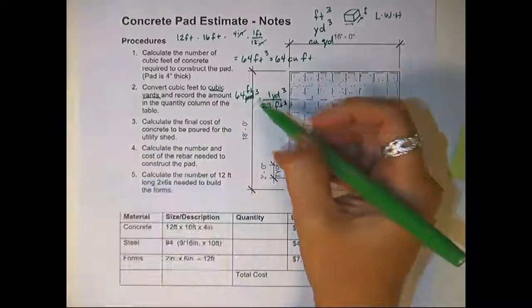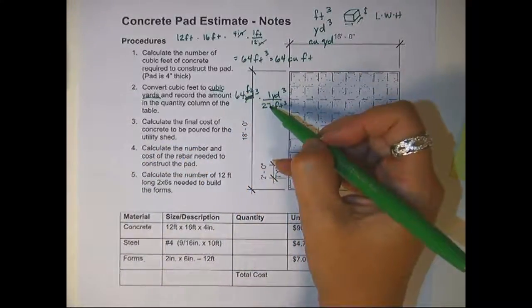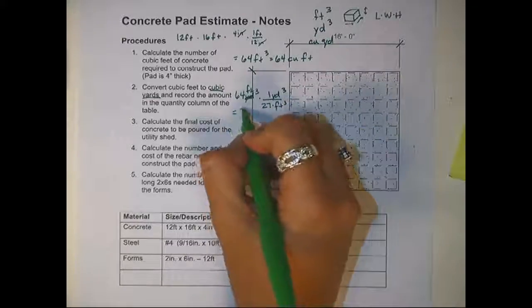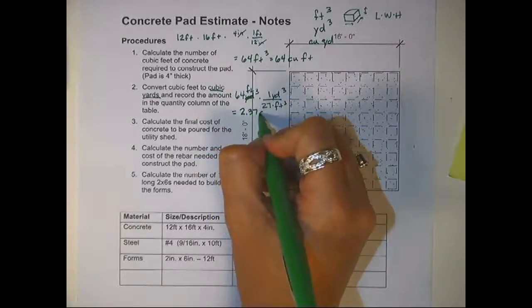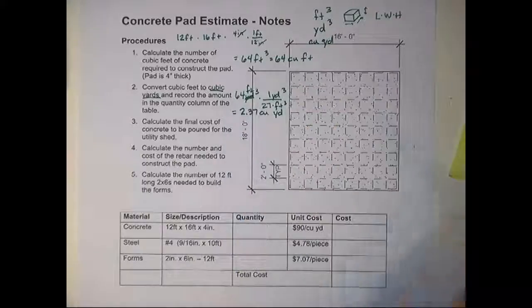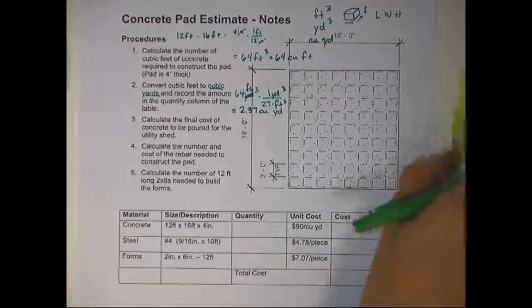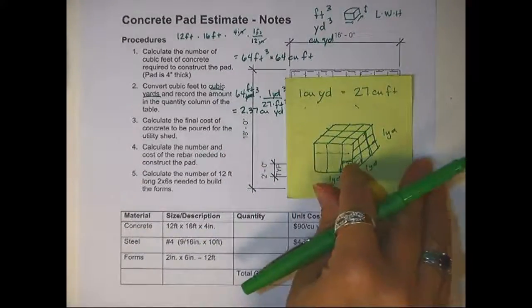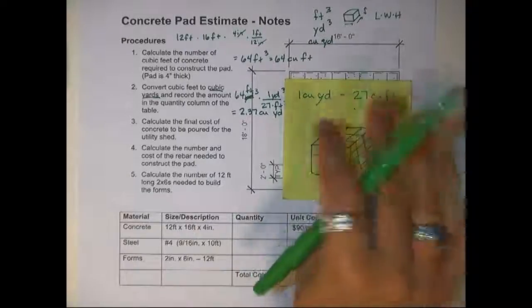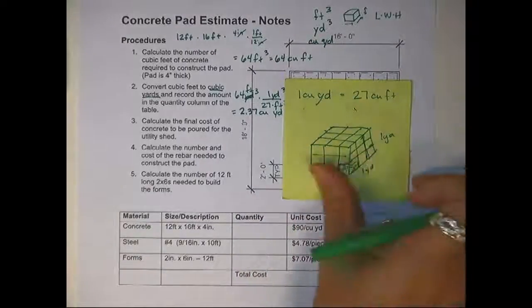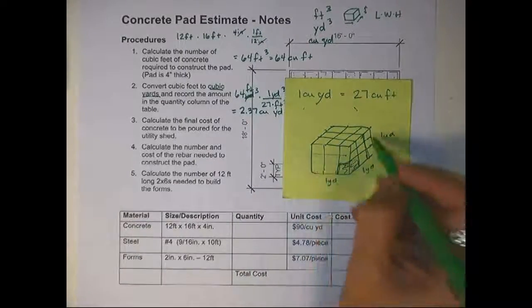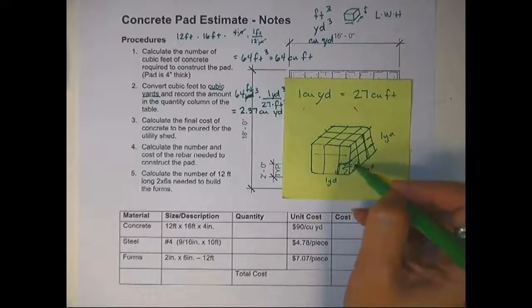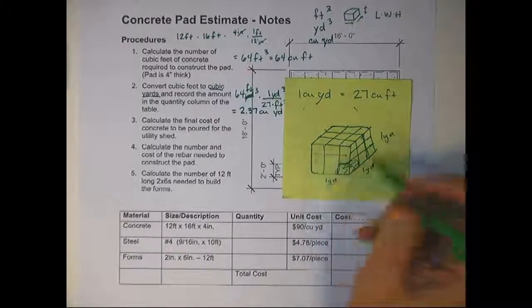And then do this divide on my calculator. 64 divided by 27 gives us 2.37 cubic yards. You need to understand, though, why it's happening that way, or else you're going to mess this up every time if you just think divide by 3. It's not 3, it's 27, because there's actually 27 of these little cubes that are 1 foot in a cubic yard.